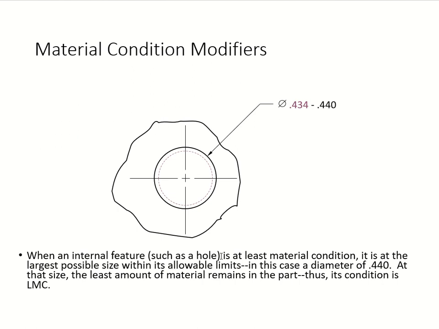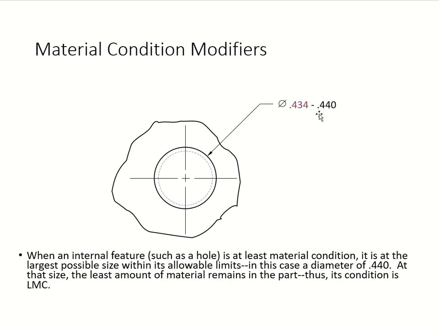Here for LMC, for an internal feature like a hole, since you've got to leave the least amount of material on it, we're going to cut it through, and we're going to take the largest possible size. So therefore 0.440 in this case. Don't worry about this color. This is the author doing some stuff.